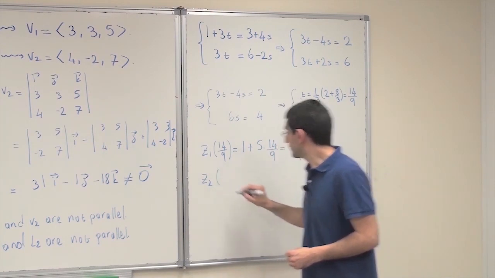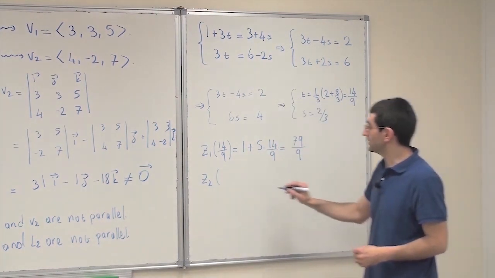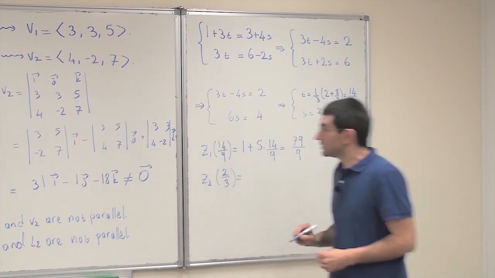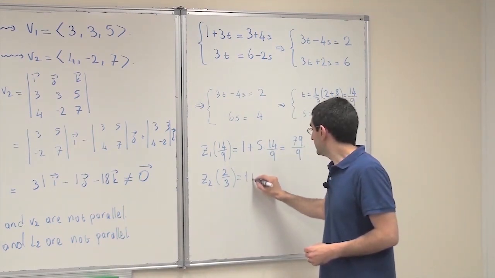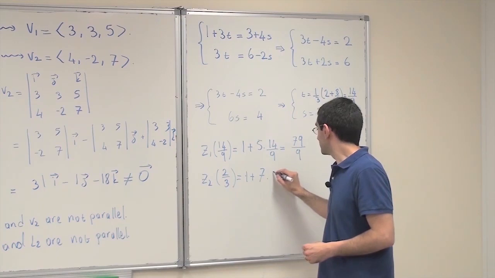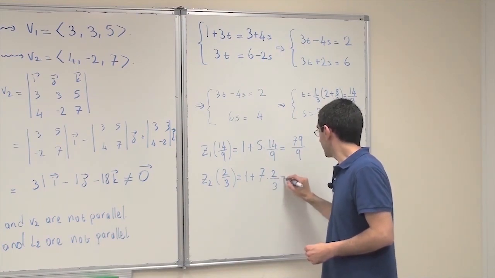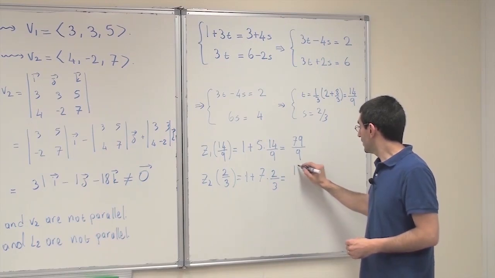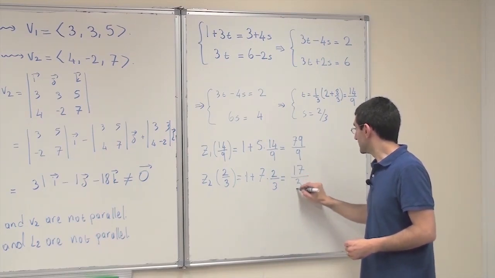And z2 of s, so at the other parameter, we have 1 plus 7 times 2 over 3, and this one here is equal to 17 over 3.